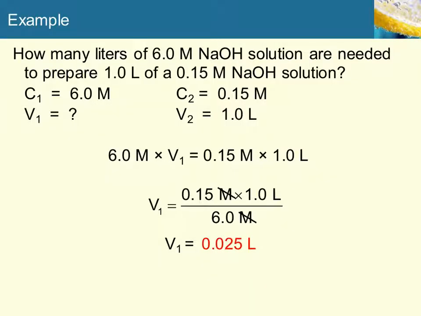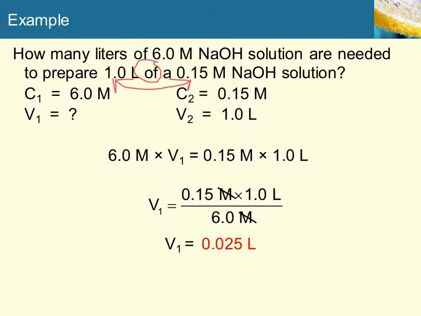So how you might use this formula is in this example: how many liters of a 6 molar NaOH solution are needed to prepare 1 liter of a 0.15 molar NaOH solution? So first of all, "of" is always a linking word. So that means that these two pieces of data are going to be linked together on one side of the equation.